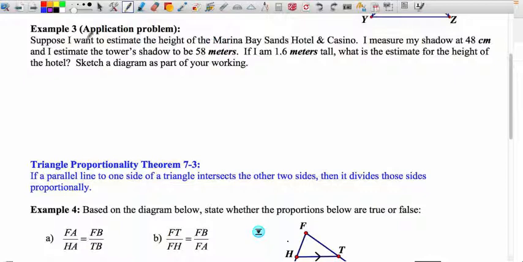So we have a desire to estimate the height of the Marina Bay Sands Hotel and Casino. I'm measuring my shadow at 48 centimeters, and I'm estimating the tower's shadow to be 58 meters.